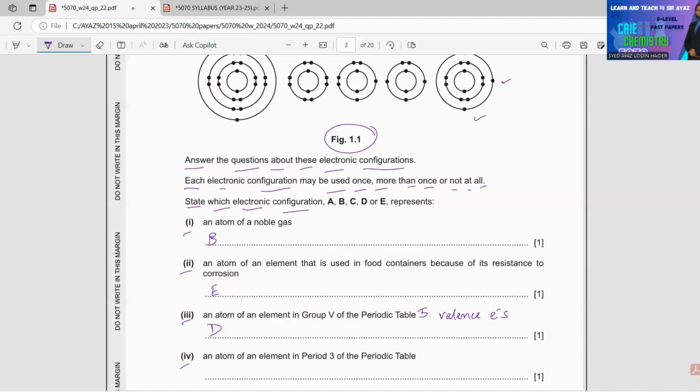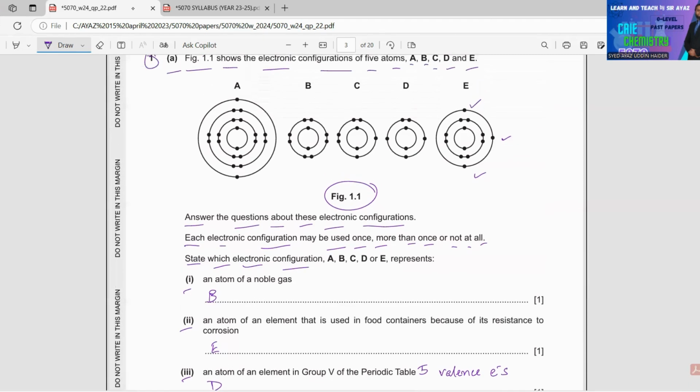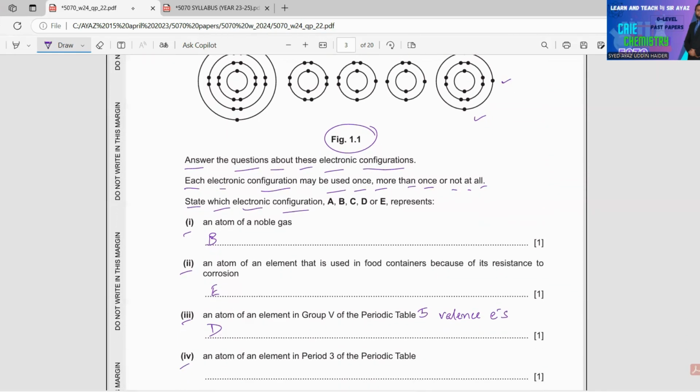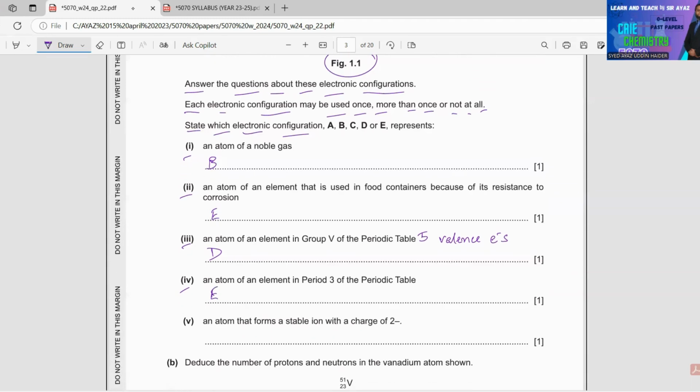So if you look at these letters again, E must be the right answer in this case because E is the only atom which contains 3 shells. So it must be in period 3 of the periodic table. So number 4, it's E.